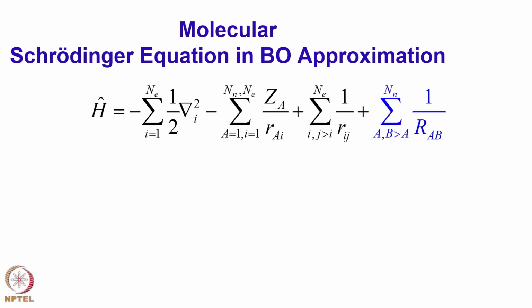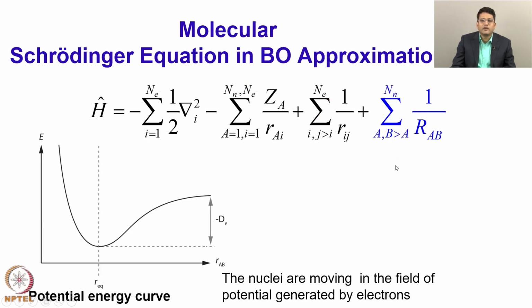If I want to write it in general terms, this is how I can write it, where I is the index of the electron and A is the index of the nucleus, N is the number of nuclei, and Ne is the number of electrons. So, this is the kinetic energy of the electrons, this is the nuclear-electron attraction, the electron-electron repulsion, and this is the classical nuclear-nuclear repulsion term.